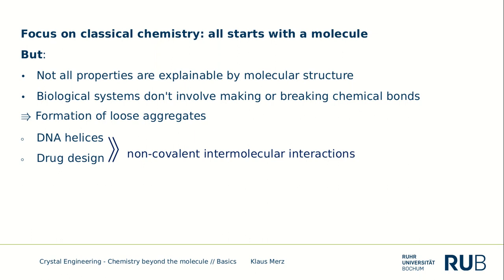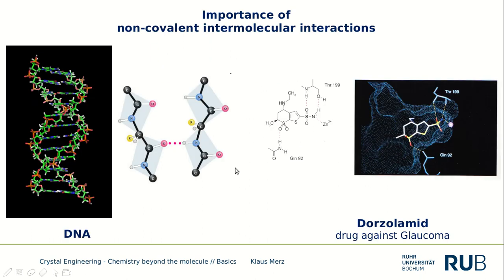You will not see the breaking, the making, the formation of chemical bonds. What you see is mostly the formation of loose aggregates, DNA helices, or drug design. The most important feature for these compounds are non-covalent intermolecular interactions.